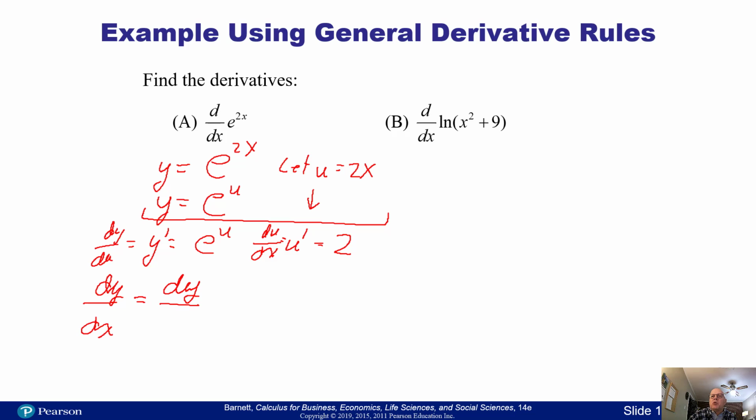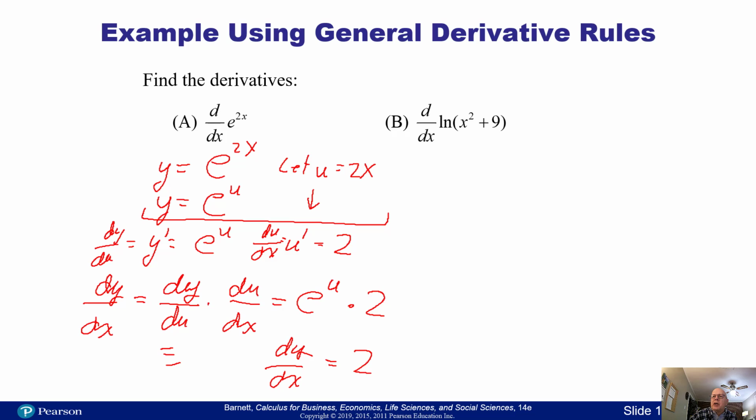I can get it by taking dy du, that's over here, and multiplying it by du dx, which sort of lets these two cancel out, and I get the correct answer, but in small pieces. So dy du is e to the u, that's this part right here, and du dx is 2, so dy dx equals 2e to the, and the u is 2x, so there's my derivative.